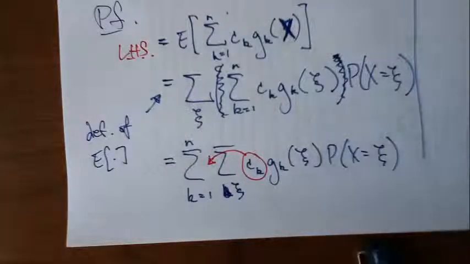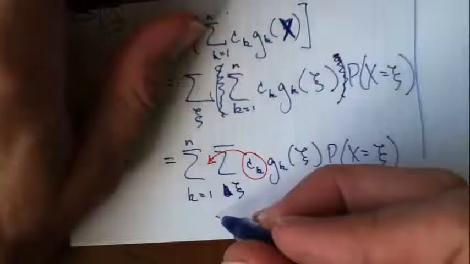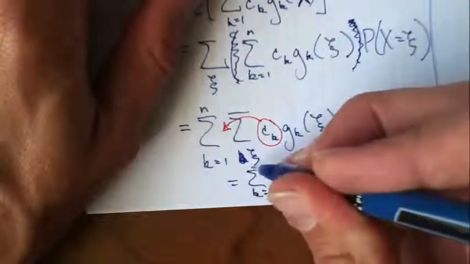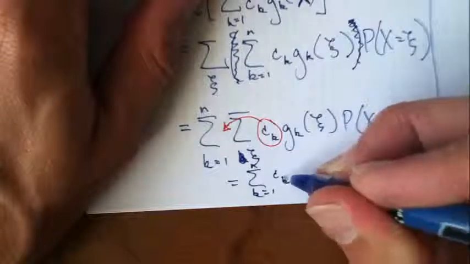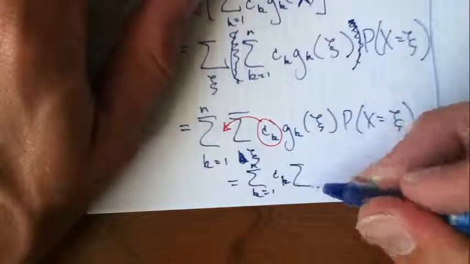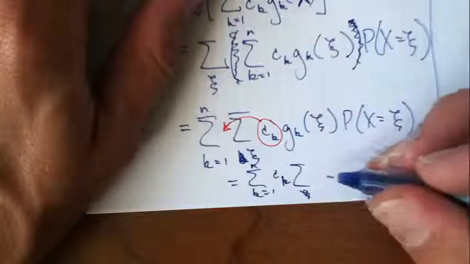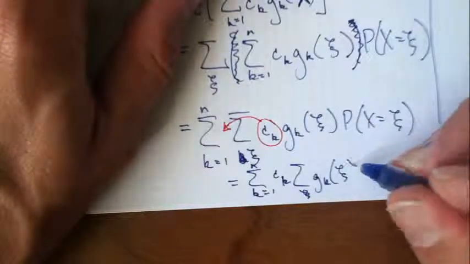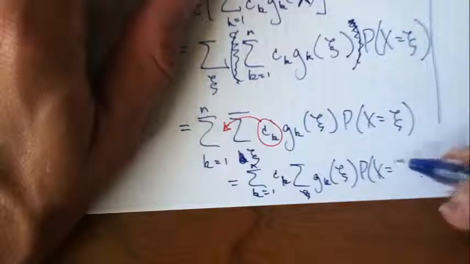We're basically there because all this stuff now is the same as the sum from k goes from 1 to n times c sub k times the sum over the c values of g sub k of c times the chance that x equals c. But guess what?